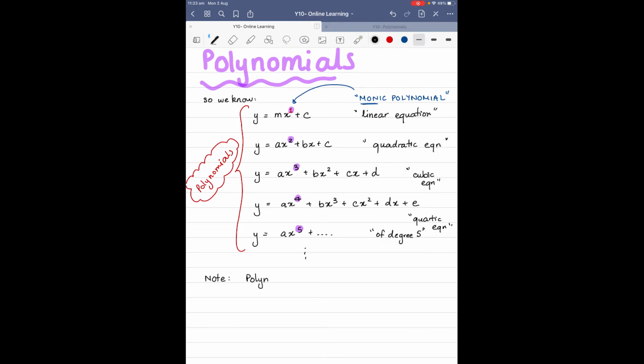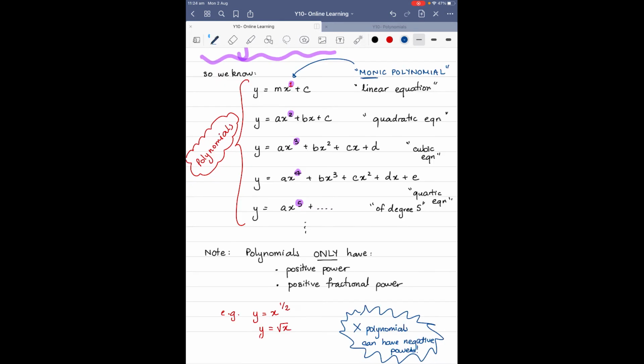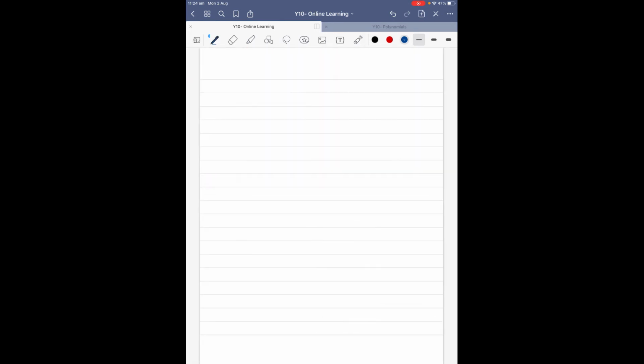Polynomials only have a positive power. That means we can never have a negative power. As soon as you see a negative power, it is not a polynomial.